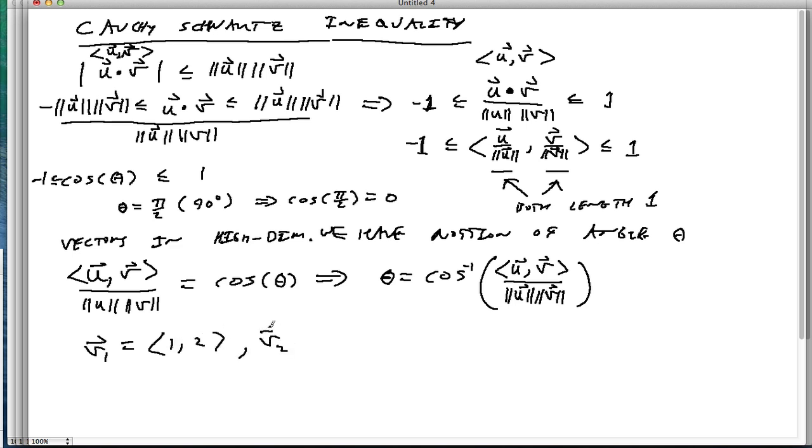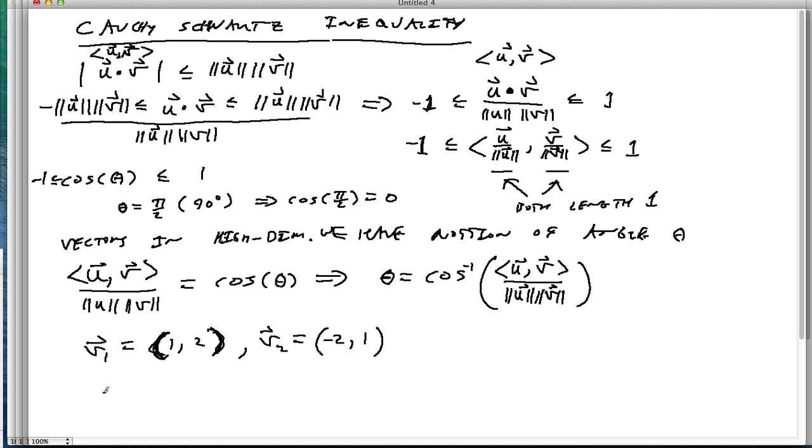And v2 was equal to, oh, sorry, I'm using my old notation. Let's put round parentheses on this. This is now a vector, not an inner product, and that will be -2 comma 1. All right, so we want to take the dot product of these two, and of course we get 0.